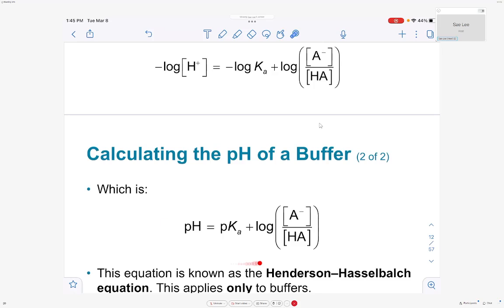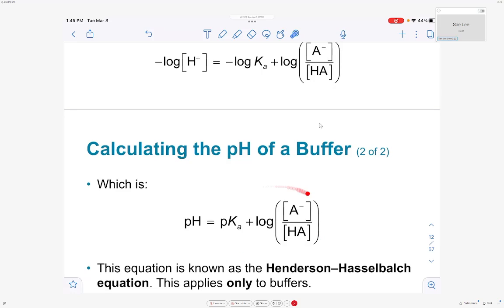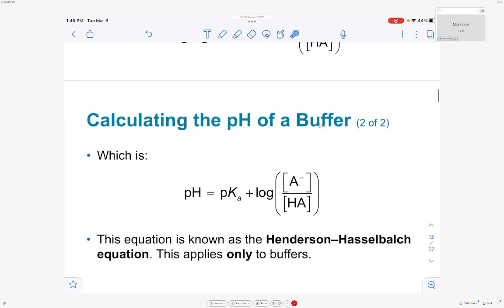Okay, so then the pH of a buffer solution is basically pKa plus log of the conjugate base concentration divided by acid concentration. This equation is known as the Henderson-Hasselbalch equation.